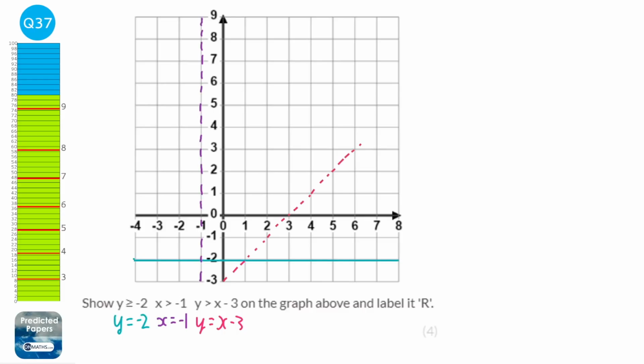So if they have an equal to underneath, then it will be a solid line. If they don't have an equal to underneath, it will be a dashed line.